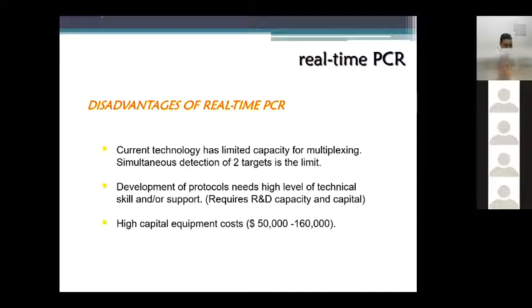For instrument purchasing, more capital cost is required to establish the facility. Otherwise, this is a very good technique to analyze real-time data and gene expression.